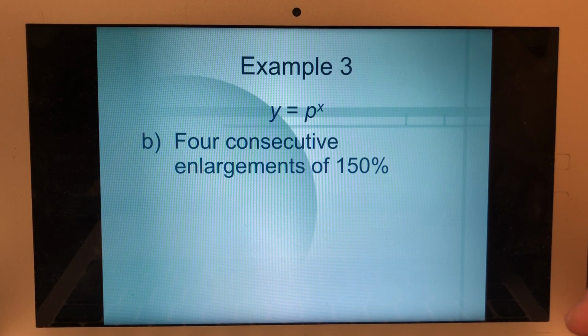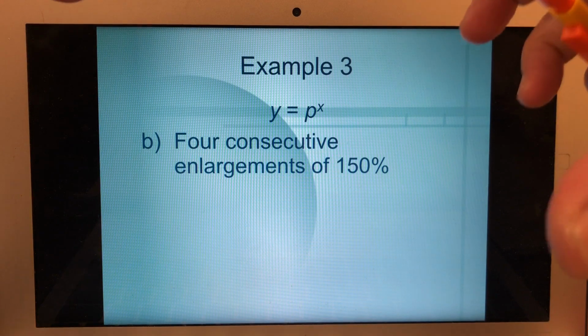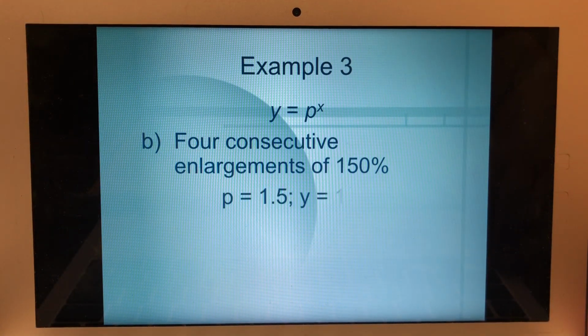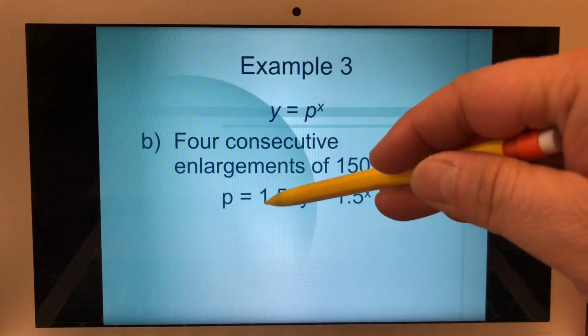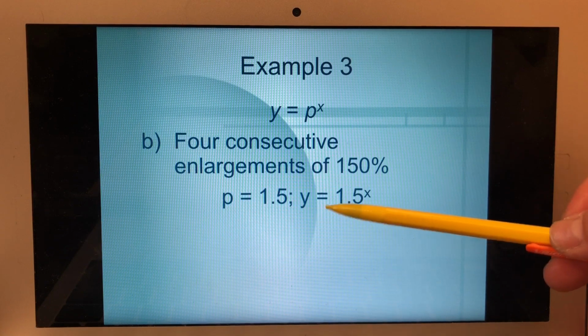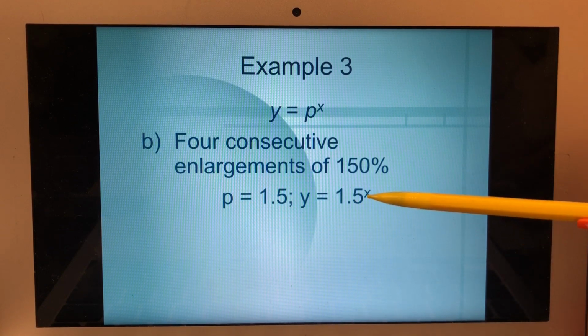Now, let's say we want 4 consecutive enlargements of 150%. You're going to take this photo or this document and enlarge it to 150%. So your percentage is 1.5, and our formula is going to be y equals 1.5 to the x power.